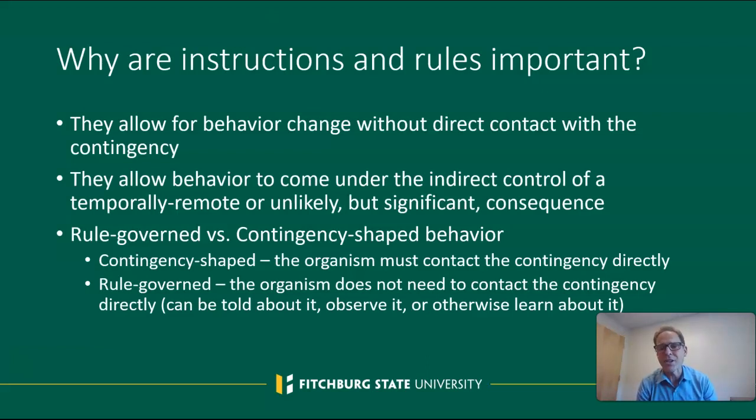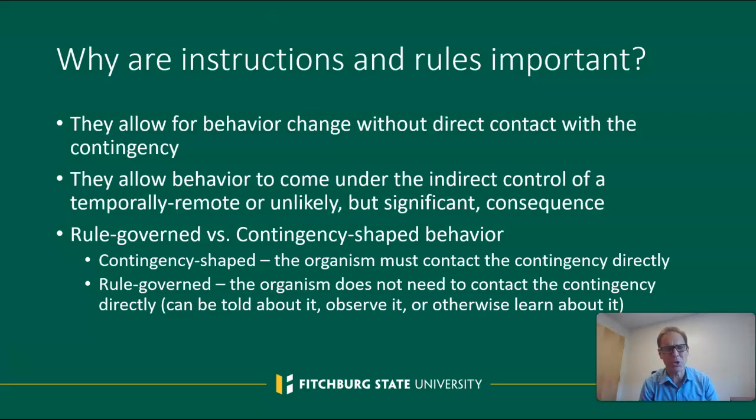But that consequence is going to happen too far after the response in question for it to actually control behavior, or it's unlikely that that consequence is actually going to happen, but it could happen. Because it's unlikely to happen, it's not going to be able to directly control behavior, but it's still really important that the learner is aware of that consequence and that it can have some impact on that learner's behavior.